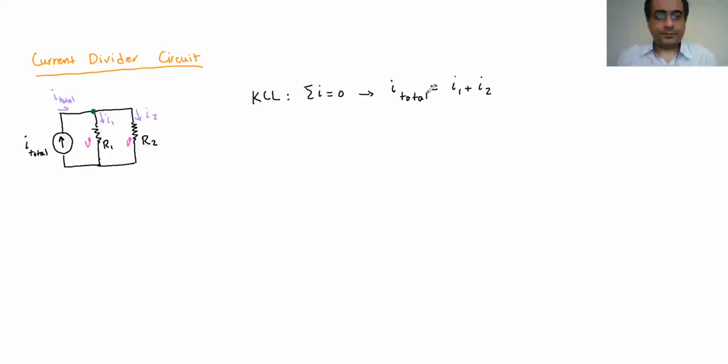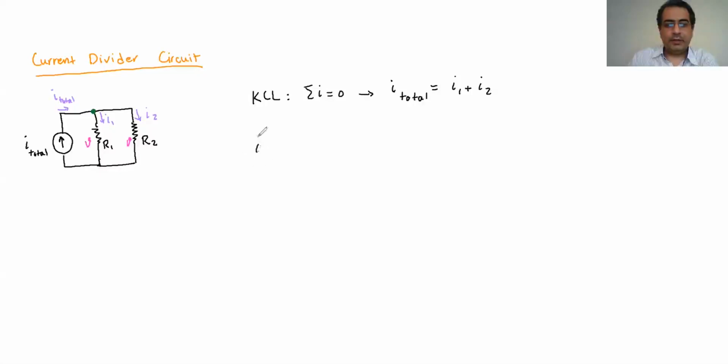Now, again, we can replace these two with the equivalent resistance, find the I total, then go back, find the voltage, and find the I1 or I2. Or in this very specific format, we can directly calculate I1 and I2.